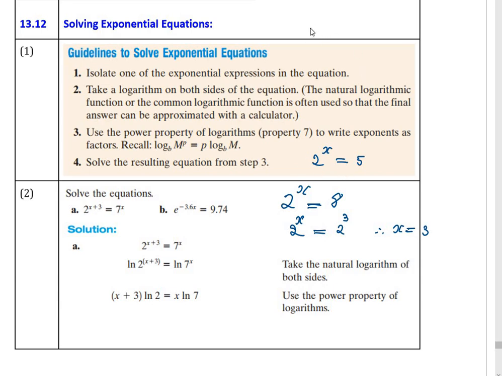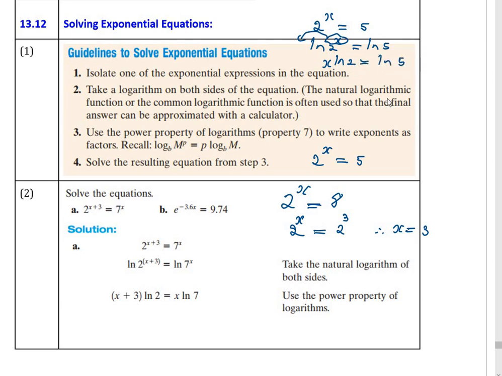So if you have 2 to the x is 5, you can then say, if a number is equal to a number, the ln of that number, 2 to the x, must be equal to the ln of that number, ln 5. Right, now we do the properties. This x can go to the front. So x ln 2 can be ln 5.